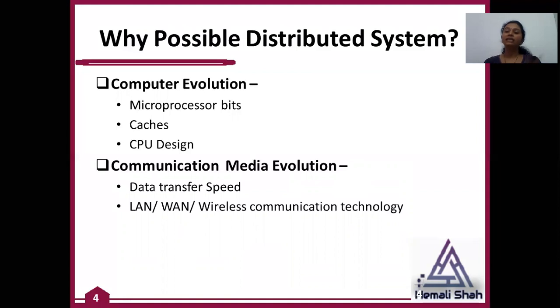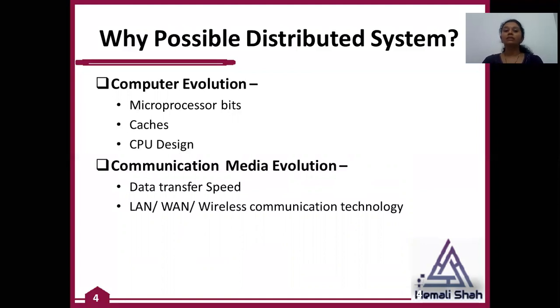Just think about the data transfer speed. Previously it was bytes, 8 bits per second, 8 mbps. Now currently the speed is in gigabytes and megabytes. And the technology we are using for networking, LAN, WAN communication media technology, has evolved and expanded, and currently wireless communication technology is also available.